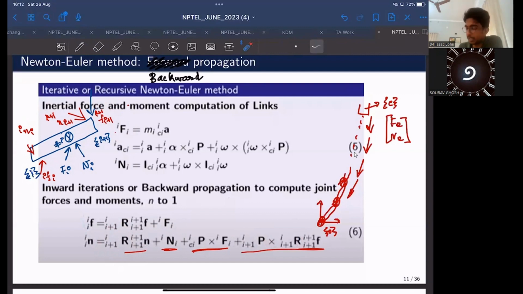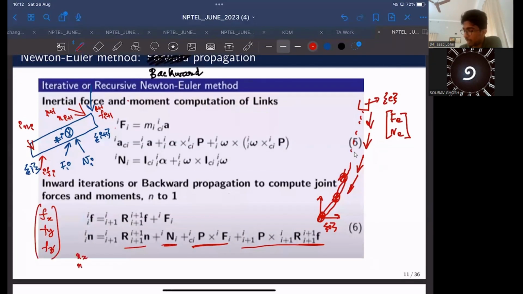So that is the backward propagation. We'll be able to obtain the forces acting on the joints and the torques acting on the joints. And these are all 3x1 vectors. The small f would be fx, fy, fz, and the torque vector would be nx, ny, nz.